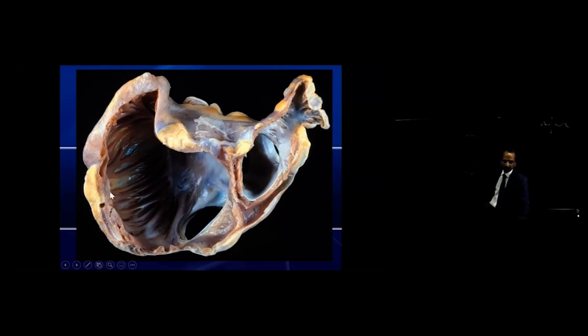So if we're trying to draw a line, for example, some electrophysiologists, if you have a right free wall flutter, will ablate that flutter and anchor it to the tricuspid valve, with the idea that simultaneously I'll get block that will prevent cavo-tricuspid isthmus flutter.